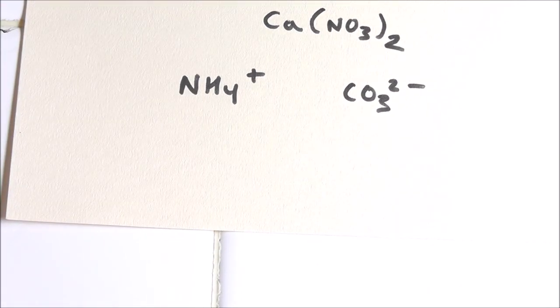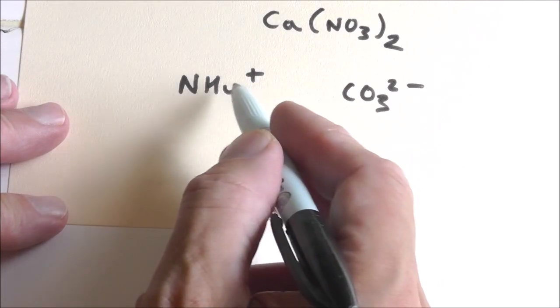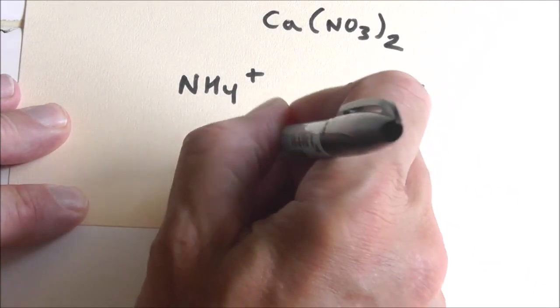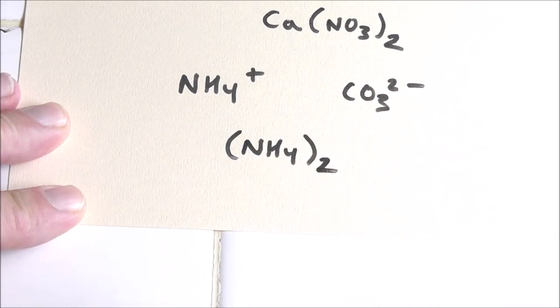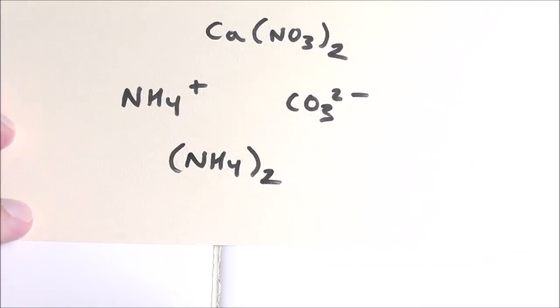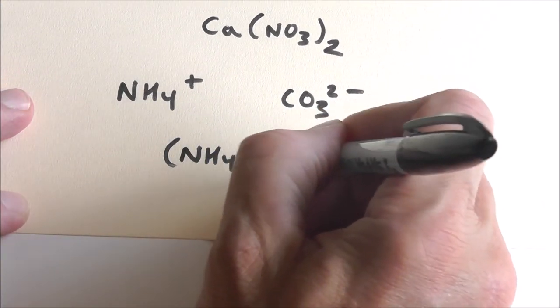It doesn't matter what the positive 1 is and what the negative 2 is, you've got to have 2 of the positive 1s and 1 of the negative 2s. And so when you come up with the formula, the way you know it needs to be with 2 of these and 1 of those, then you would have to write it with parentheses around the NH4 plus and then CO3.